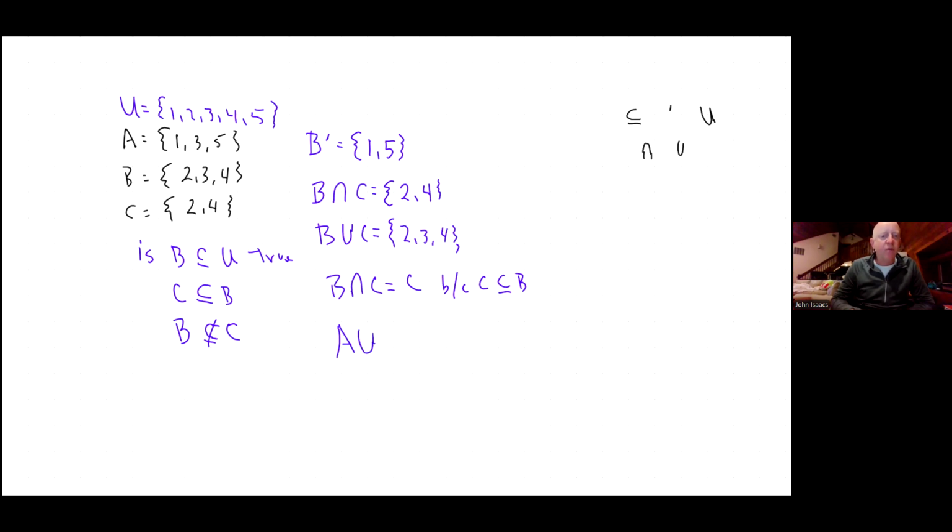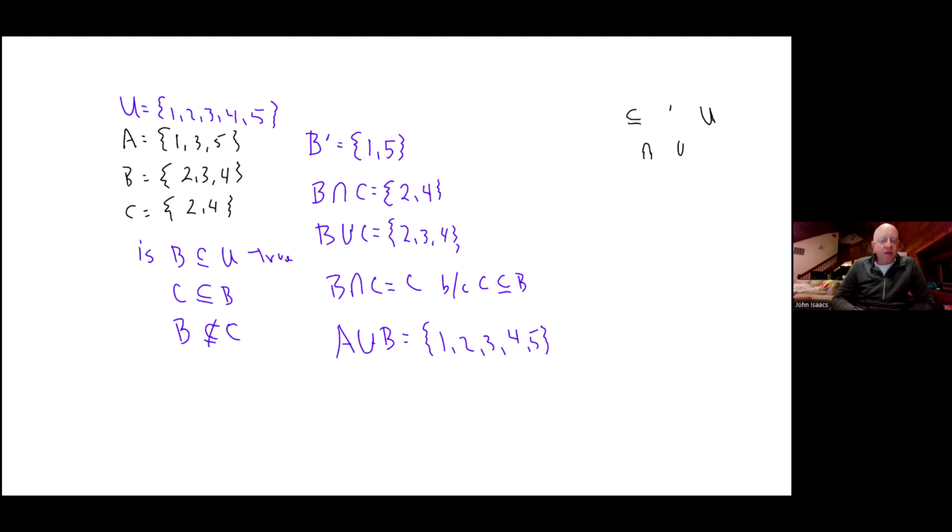The union of A and B. Now we want to take things that are in A, all of them, and also all the things that are in B. So we would have a 1, we would have a 2 from B, we would have a 3 from both, we would have a 4 from B, and we would have 5 from A. So there's A union B. It happens to be the universal set in this case, but that's just a coincidence almost.